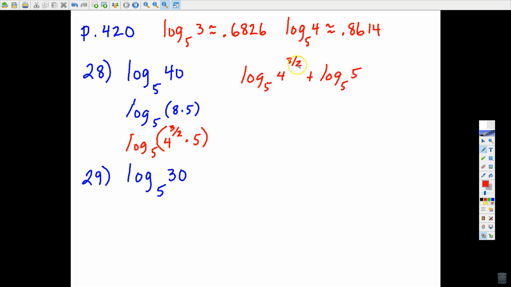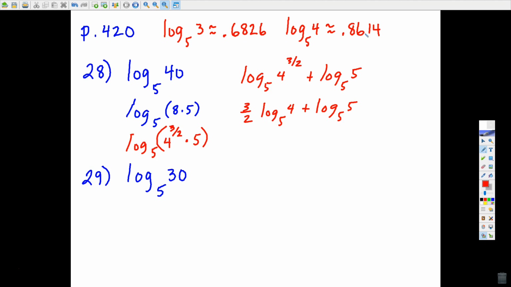Remember, the power property says that we can bring this down and use it as a factor. So another way of writing this using the power property is 3/2 log base 5 of 4 plus log base 5 of 5.